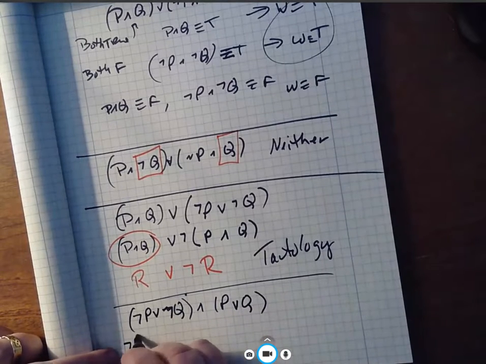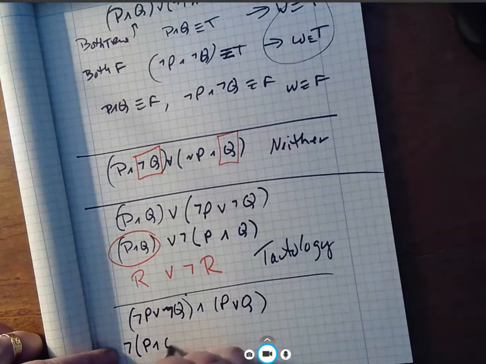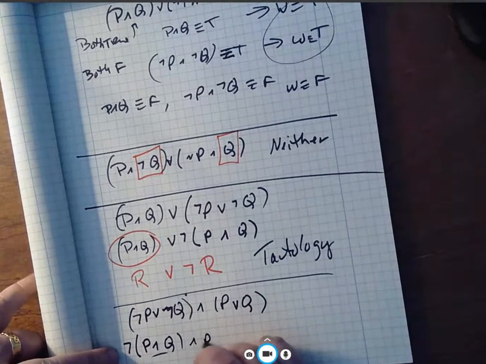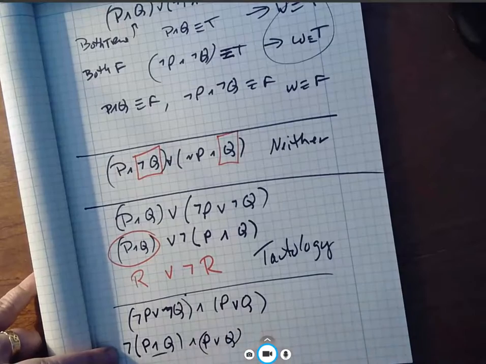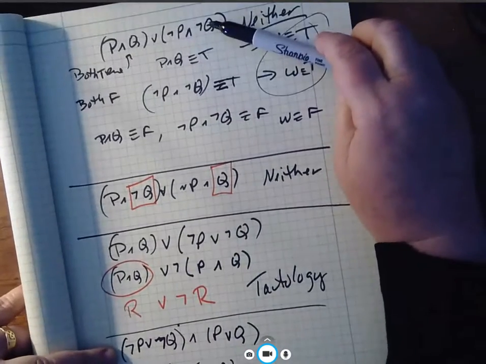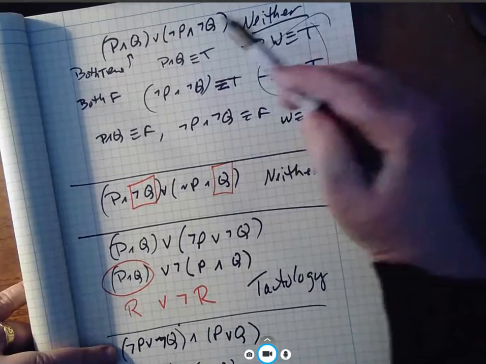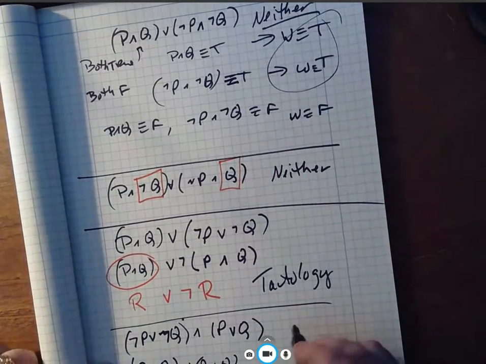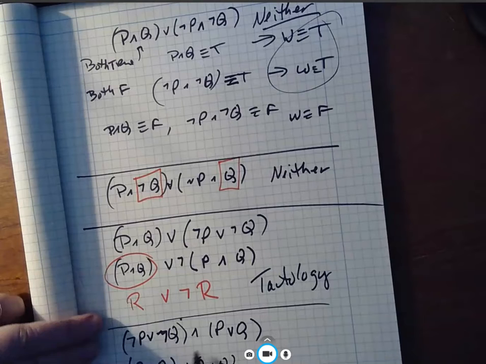No, it doesn't help, because if I factored out, this statement and that statement are totally different. So is it anything like the one we had up here at the very top? This one is connected with ors. This one's connected with ands.